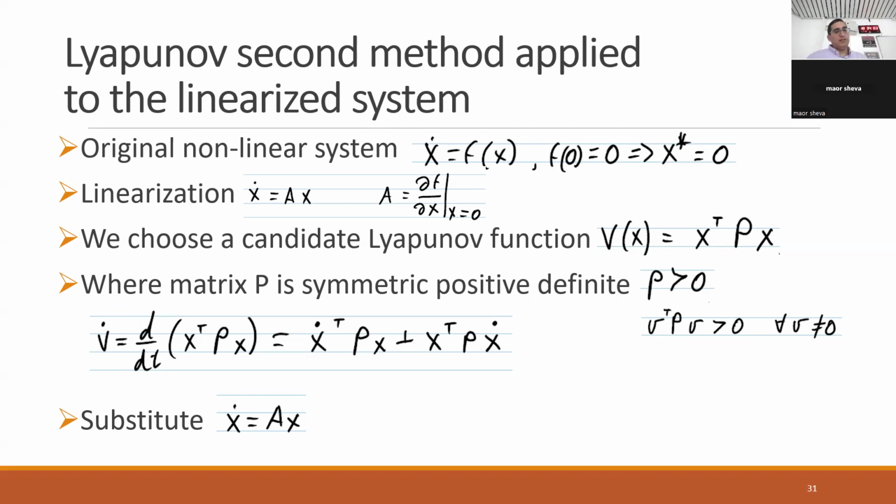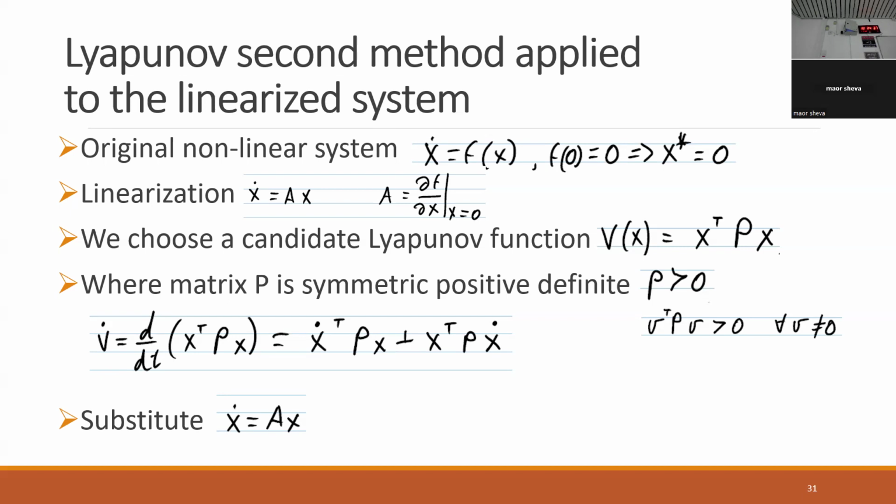So now we have a linearized dynamical system. We can choose a candidate Lyapunov function. And we define an arbitrary positive definite function V of x as a quadratic function x transpose Px, where P is a symmetric positive definite matrix.